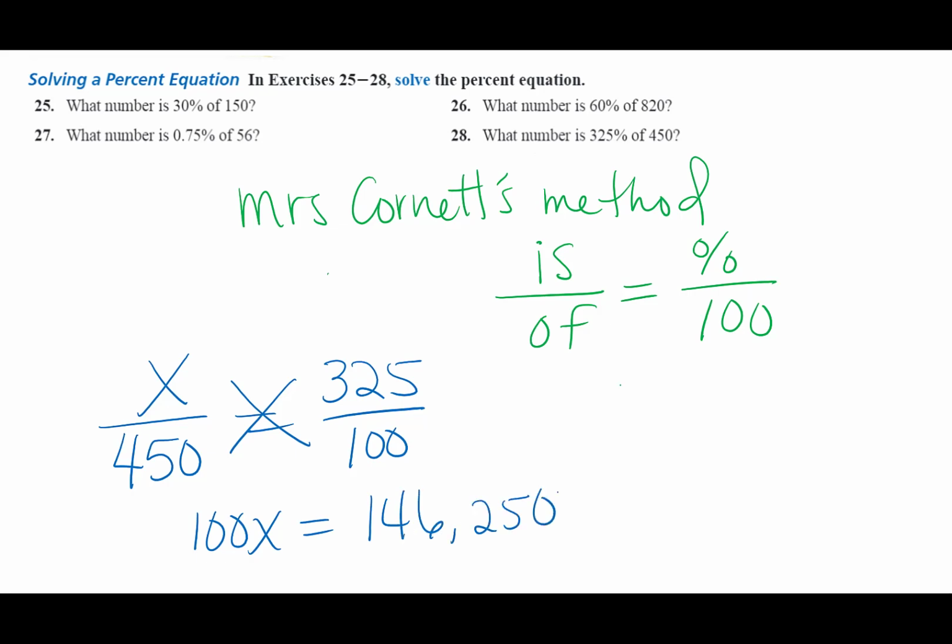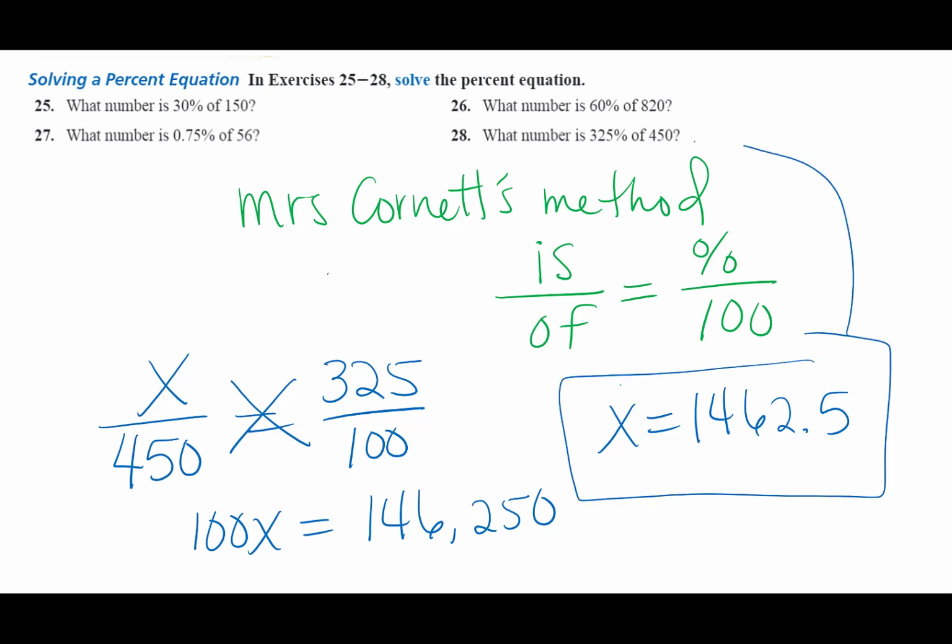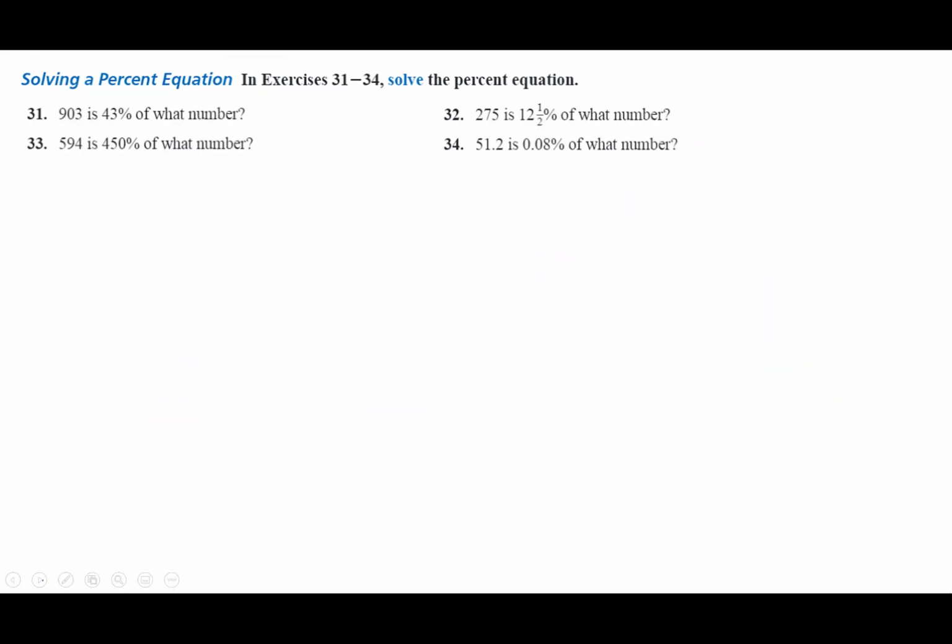Divide both sides by 100 to get x equals 1,462.5. And the reason that number is so much bigger than the original whole, the 450, is because you're taking 325% of that number. So that's well over 100% of the number. That's why it's bigger.